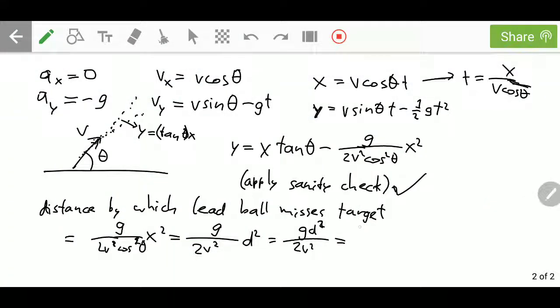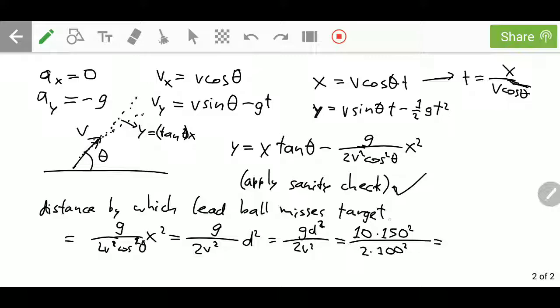g is 10 meters per second squared by standard F equals ma convention. d is 150. So 150 squared over 2 times 100 squared, since v is 100 meters per second. And so 150 squared over 100 squared will be 1.5 squared, that's 2.25.